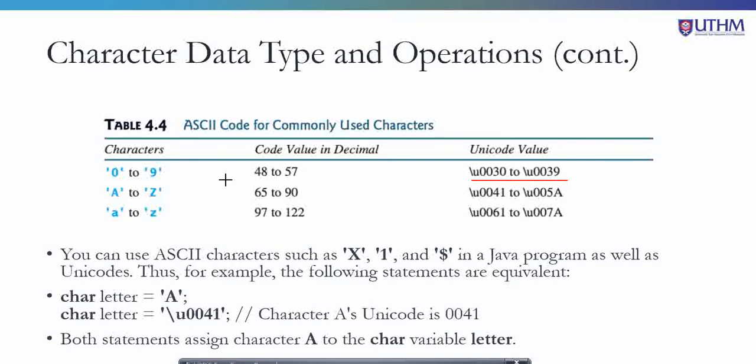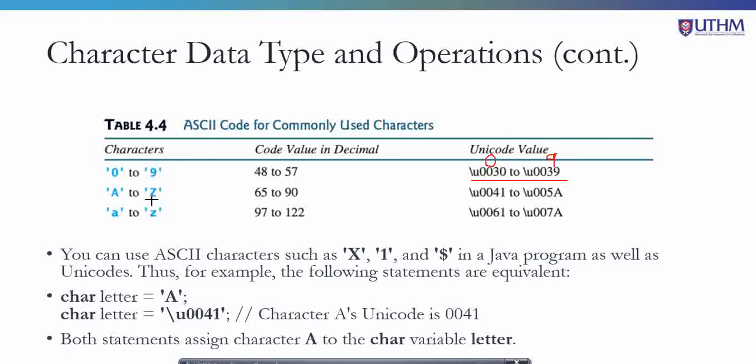So for 0, it is \u0030. For number 9, the Unicode is \u0039. For capital A, the Unicode is \u0041.